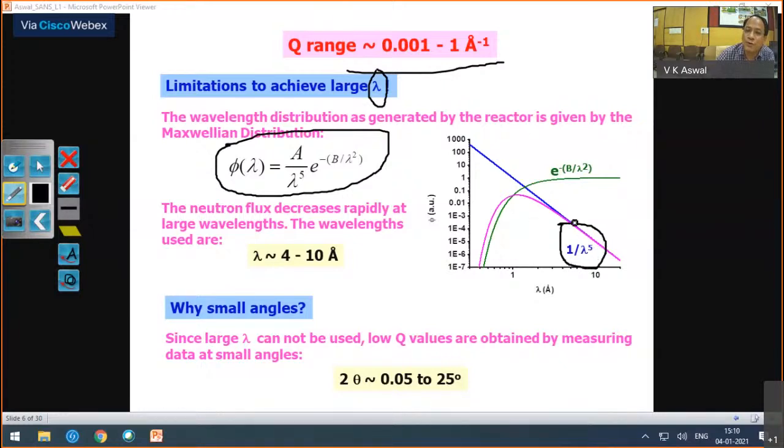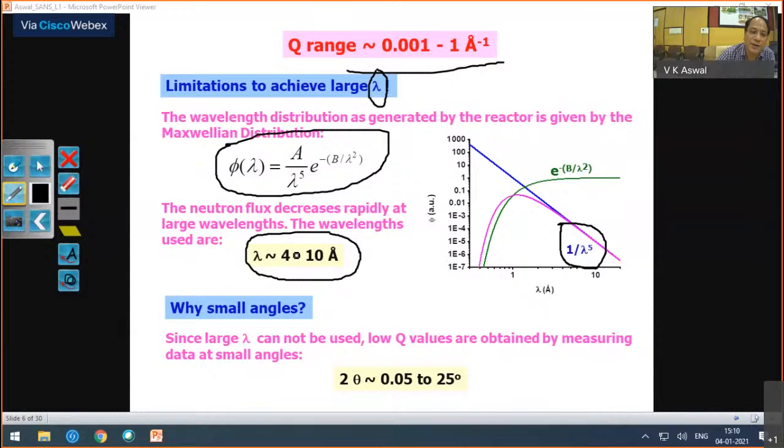So if you want to go to higher wavelengths, you will have very few neutrons left. The typical wavelength used, or where you can compromise on the higher side, is 4 to 10 angstrom. It's not like light, where you can go to 1000 angstrom, because then there will be no neutrons left. So you cannot go to very high wavelength.